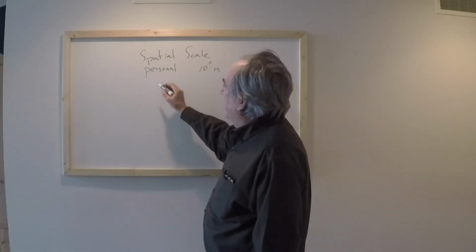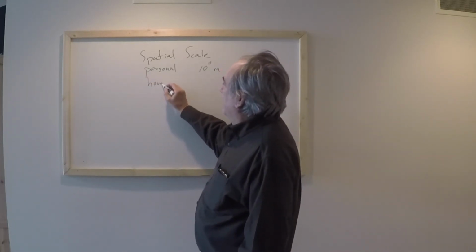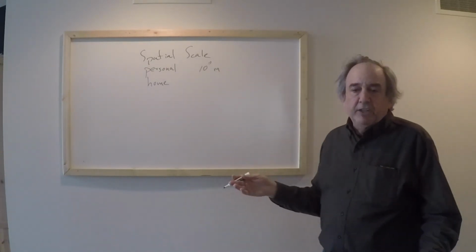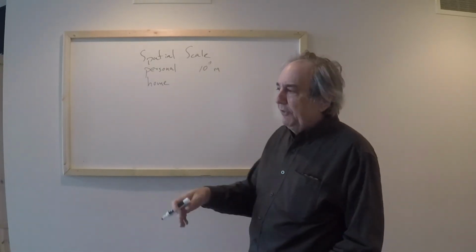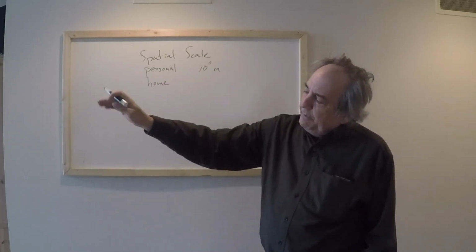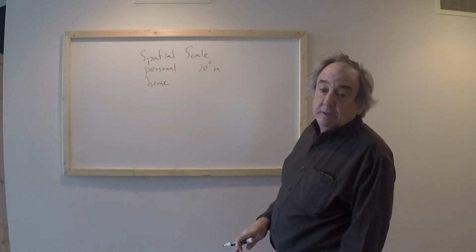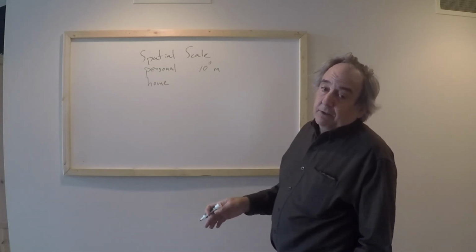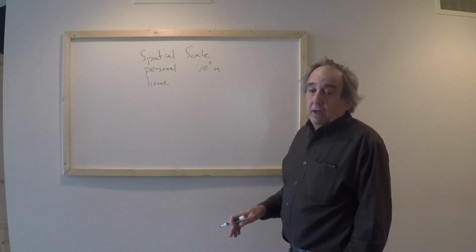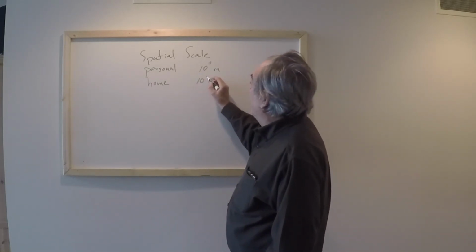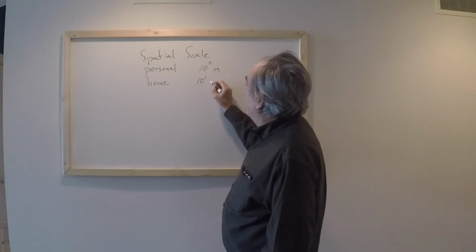Where I live is on the order of 10 meters-ish. So, how far is it across the room? From here to my window, it's about maybe 5 meters. I live in right now an embarrassingly large house. So we'll say that my home is on the order of 10 to the 1 meters.